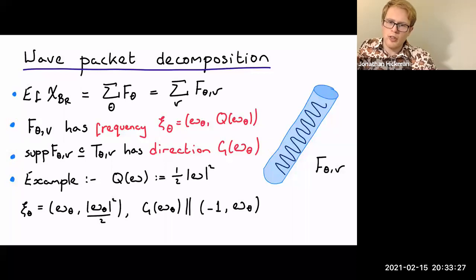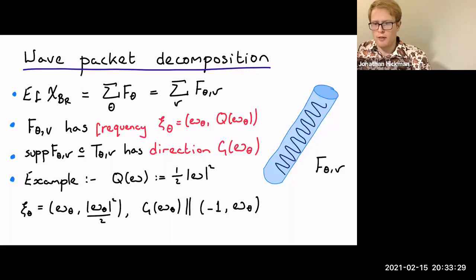So the important thing to bear in mind here, and this is why I've highlighted some of the text in red, is that there is a relationship between the frequency xc theta and the direction of the tube. In particular, we know that the Gauss map is an injective function. So from this, we see that the frequency dictates the direction and vice versa.